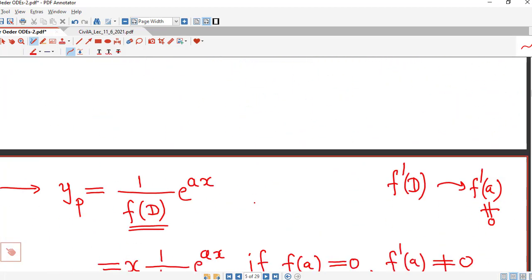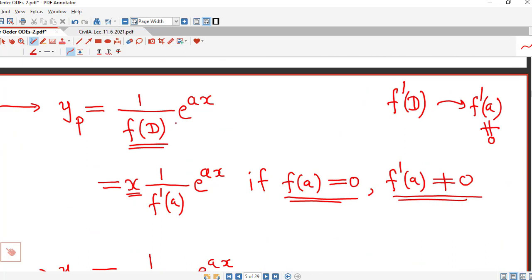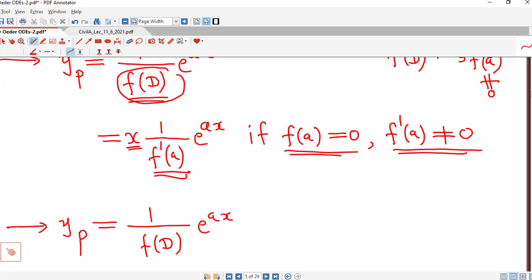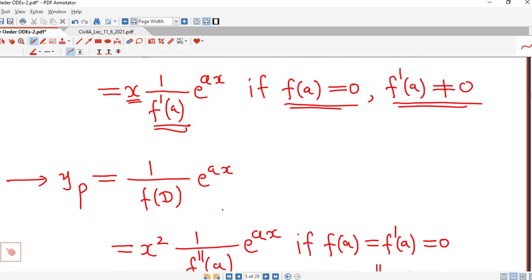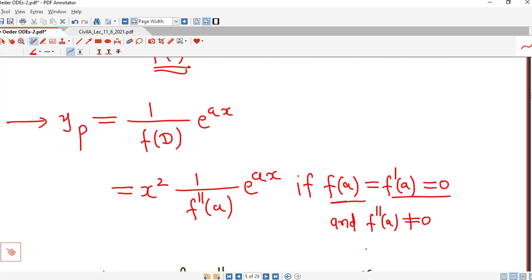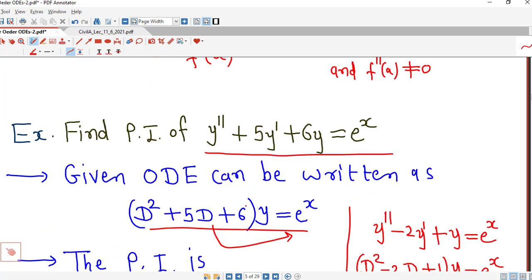If we obtain 0, then we differentiate f of D with respect to D, we multiply by x, and if the first derivative is non-zero, we keep it as it is, and so on. Suppose f dash a is also 0, then we multiply again by x, so we will have x square and 1 over f double dash a e raised to ax.